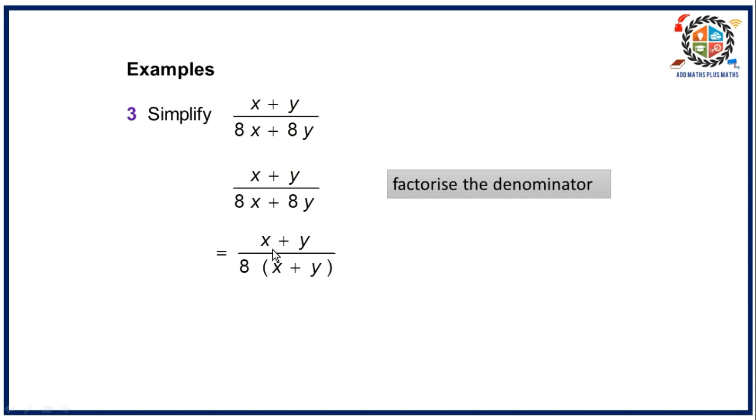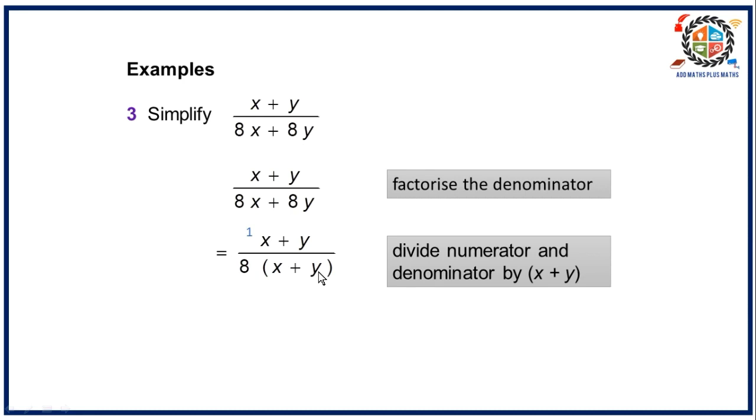So I can divide both the numerator and the denominator by x plus y. It will become 1, and this will also become 1. So it will become 1 over 8. So the simplified version of x plus y divided by 8x plus 8y is 1 over 8. Next.